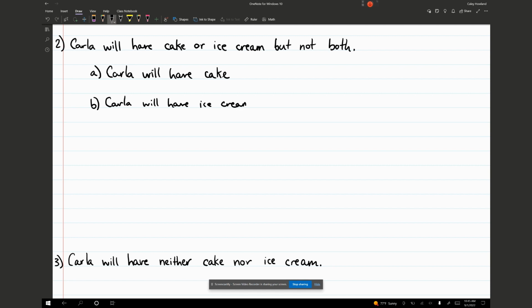And these look to be our two atomic sentences. We don't see any other atomic sentences here. But not both doesn't count as an atomic sentence, or is a disjunction.